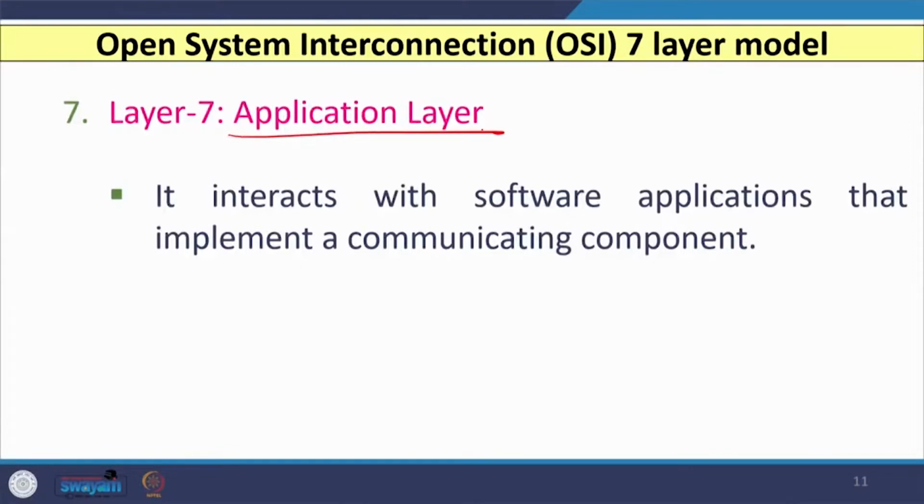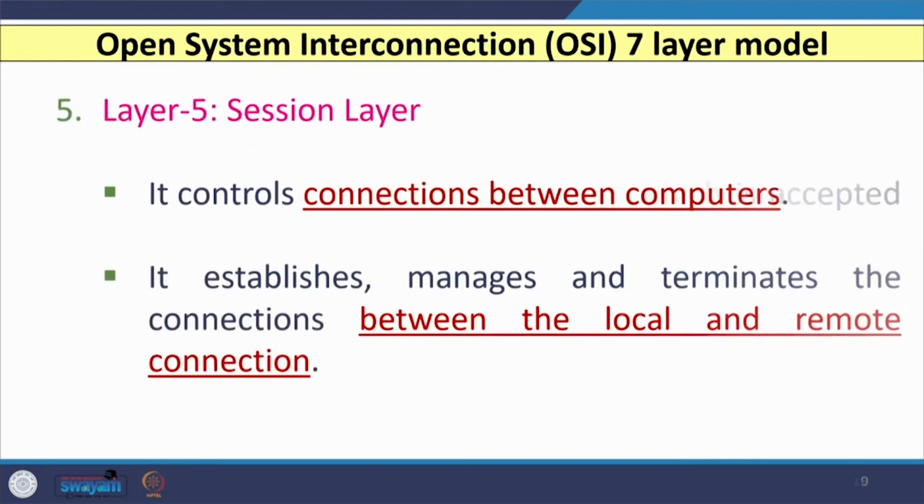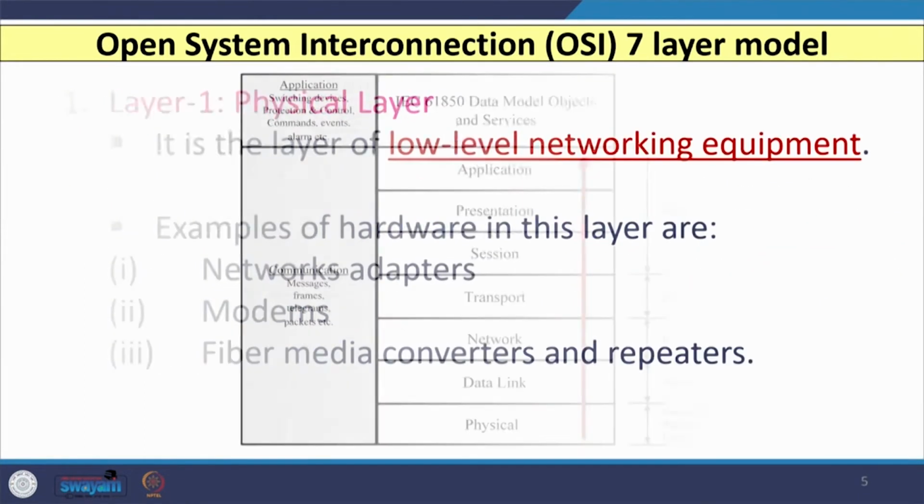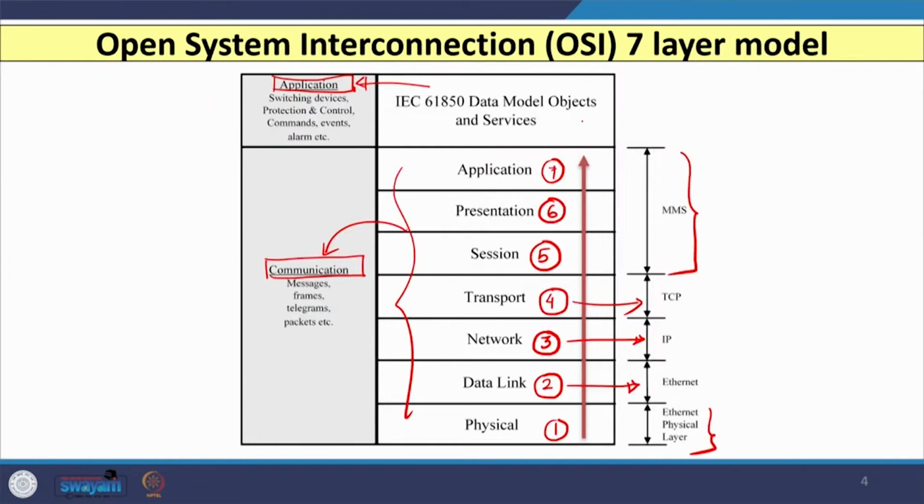The application layer interacts with software applications that implement a communicating component. So, it communicates with the several components finally.